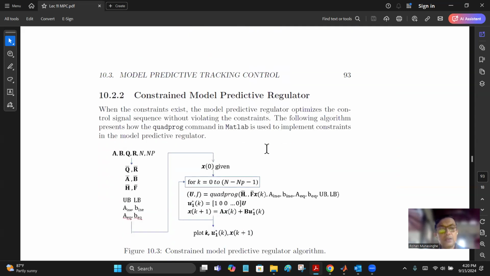So that's all about model predictive control. It's not a very big difference, but it's basically the discrete time optimal control reshaped into feedback control. Something similar we have seen earlier in the Kalman case also.